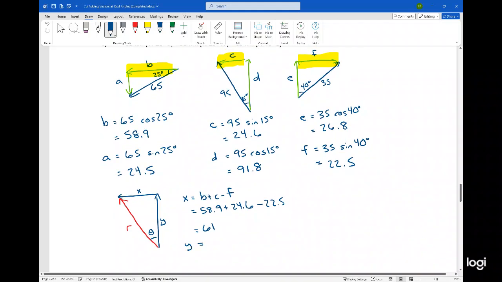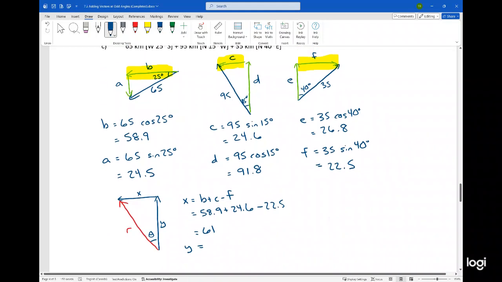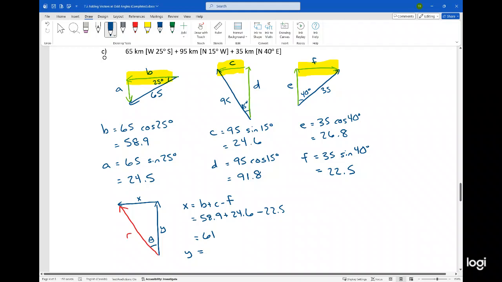And then I'm running out of room here, but we'll try and fit it all in. Or am I running out? No, I have more room there. I just want to leave it on the screen. Okay, so Y is going north.